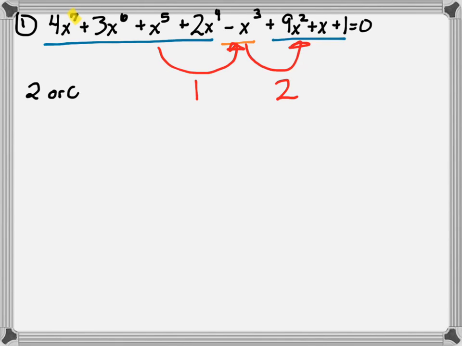or 0 possible positive roots. And the reason I counted down is because, as I was just talking about with the imaginary roots as a possibility, we want to count down by 2's.